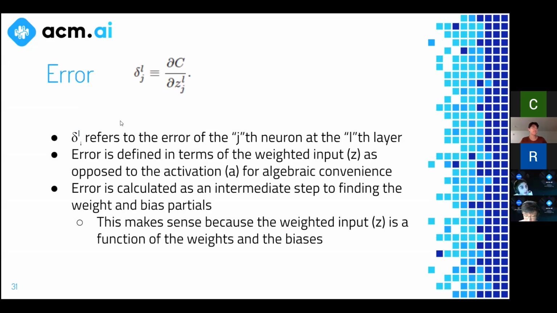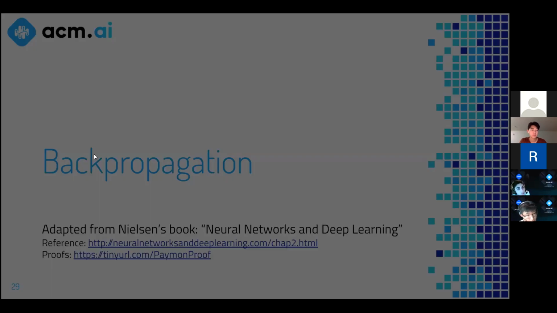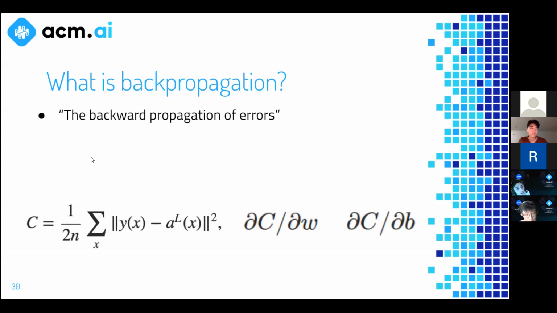Any questions about that? Real quick question. Yeah, so do we find cost and error for every neuron and every layer? So cost and error are different, right? Cost is that one value. You calculate cost at the end of one feeding forward session.